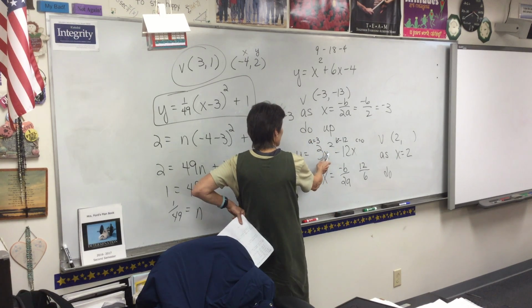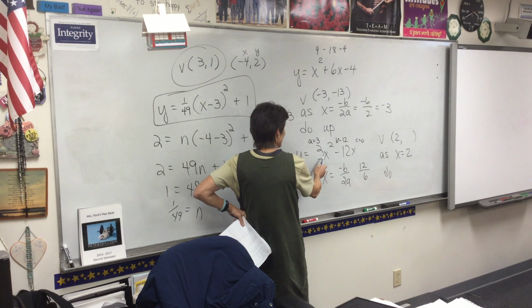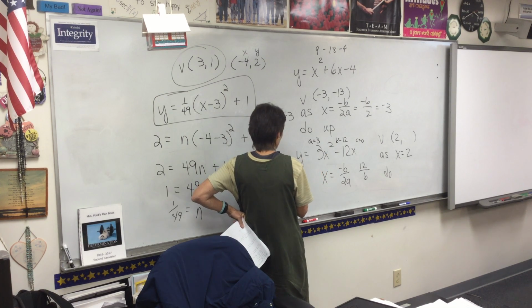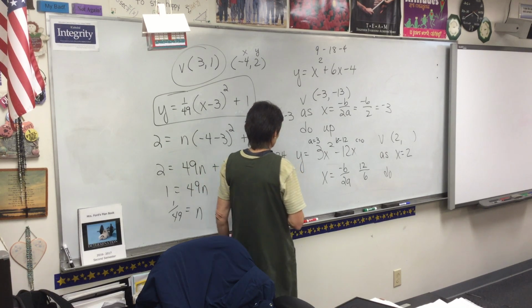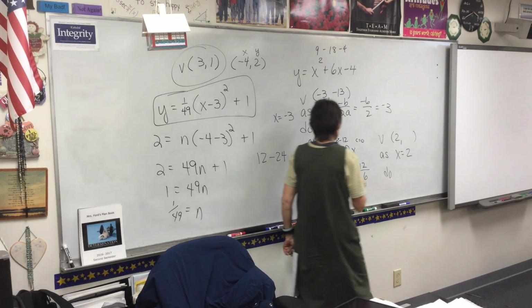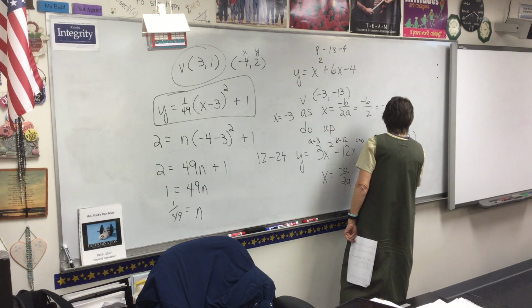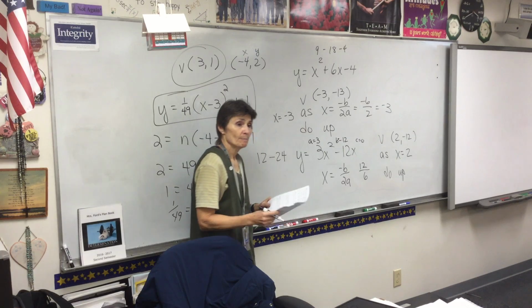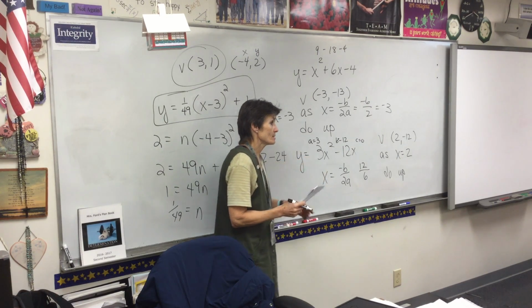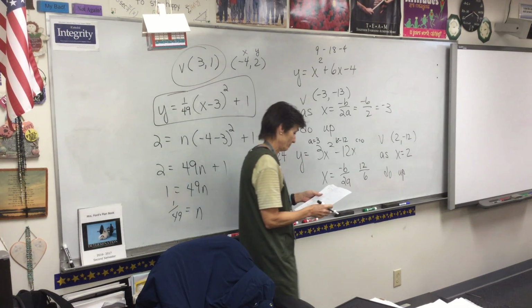Remember, we square first. So 2 squared is 4 times 3 is 12. Minus 24. Negative 12. And this one also opens up because the 3 is positive.